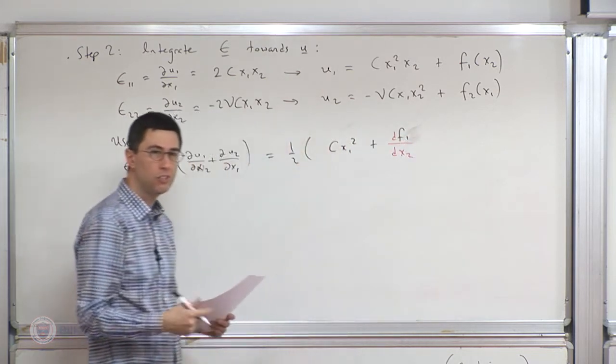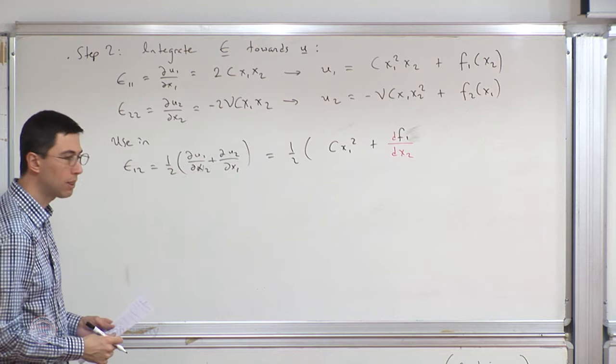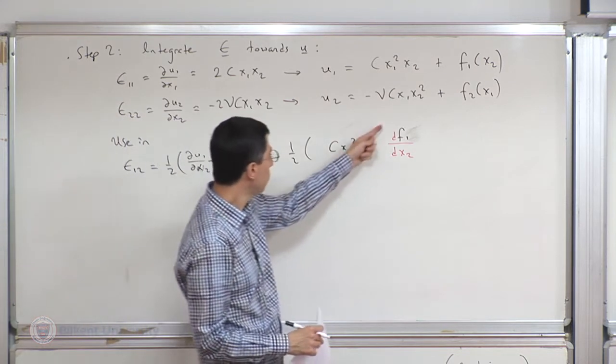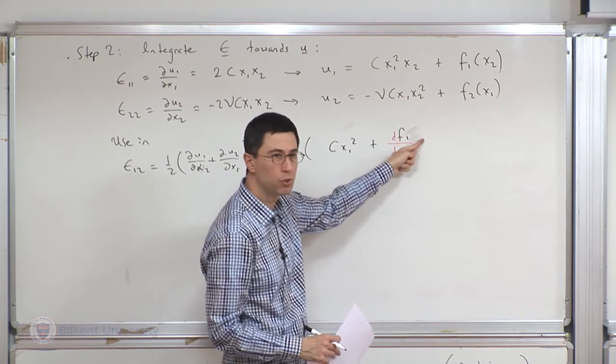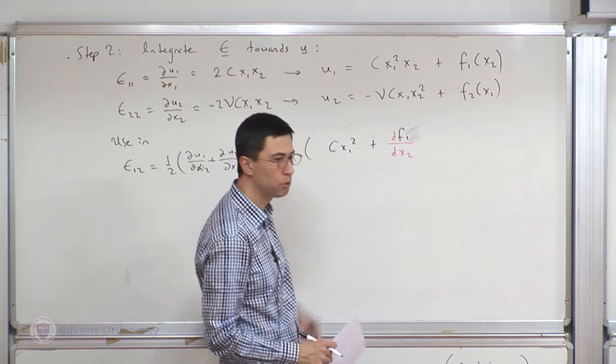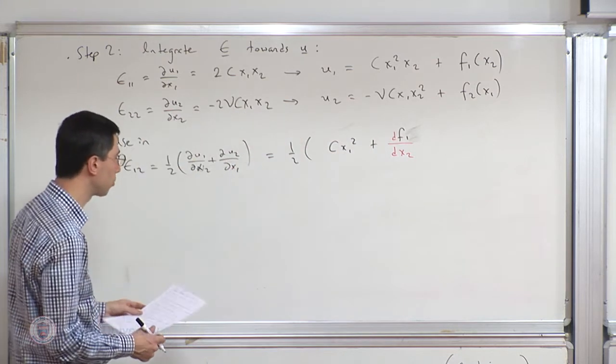As we take these derivatives, we should never forget that. For instance, if I were to write f1,2, that does not quite reflect it. It looks like a partial derivative, but it's actually an absolute derivative. f1 only depends on x2.